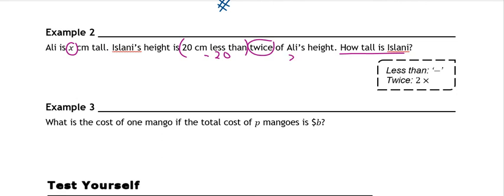Ali's height is X. So twice of Ali's height means 2 times X. Here we want to know Islani. So Islani will be twice of Ali's height, and then you have to subtract 20. You can use brackets. Okay, this is Islani's height. So that's the second example.